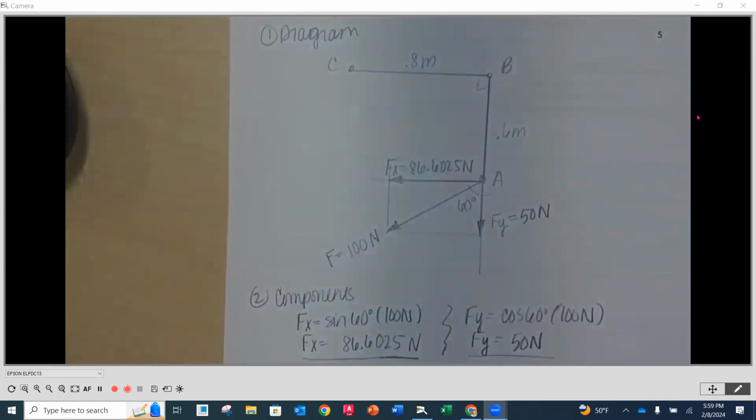Might be a little overkill, but that's okay. So you should get for FX 86.6025 newtons, holding those extra decimal places inside of the problem. We'll round at the end.